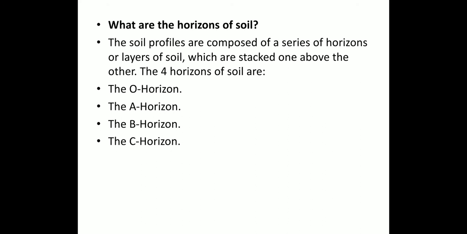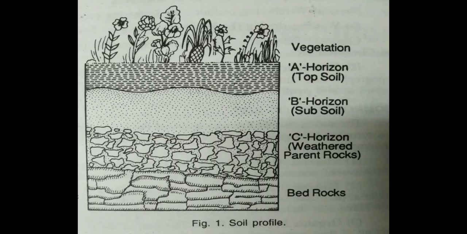So this way we have discussed different layers of soil and its definition. Here you can see the image of soil profile, and in this figure you can see mainly four to five layers, or horizons.